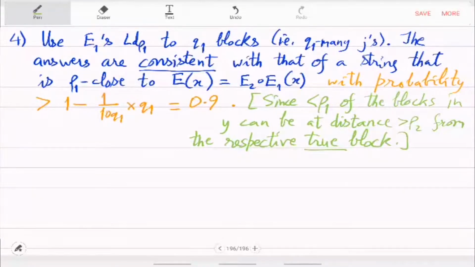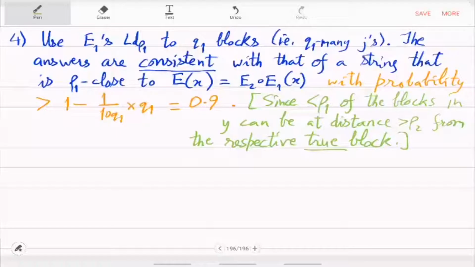So in other words, if you look at the level of blocks, the error is only rho 1 or less. Okay, so whatever E2 has given in these Q1 blocks, out of them the error is only rho 1 or less.